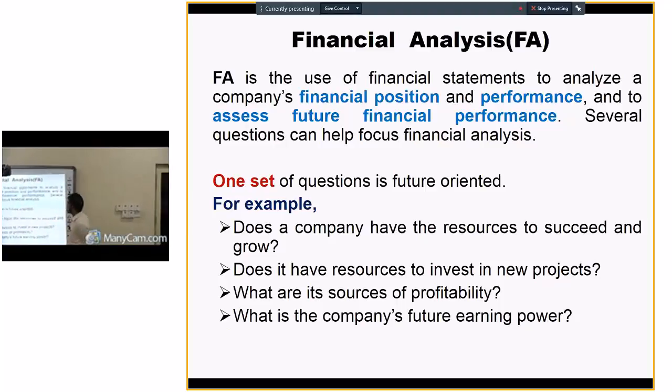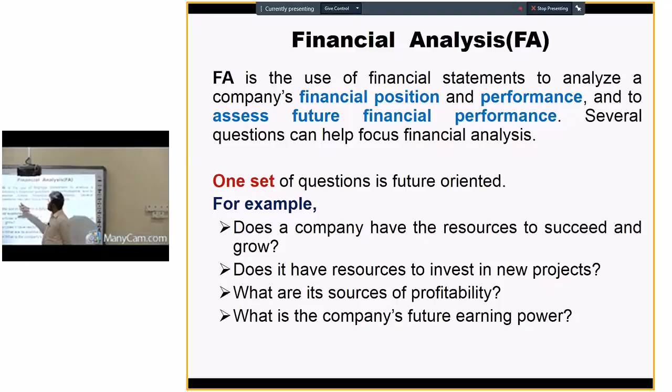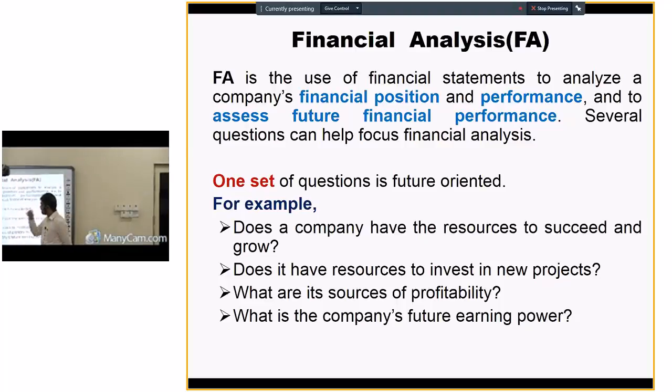several questions can help focus financial analysis, right? Now we can ask a number of questions and get answers for them. That means to make that analysis, financial analysis. Now one set of questions here. Next you can see another set of questions.